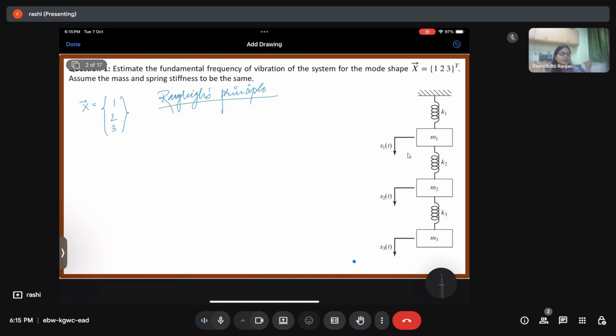Now, what does the Rayleigh principle say? Rayleigh is concerned with the energy of the system.